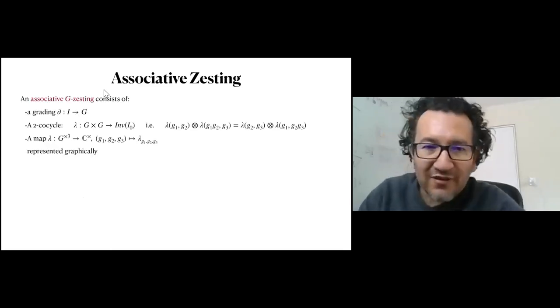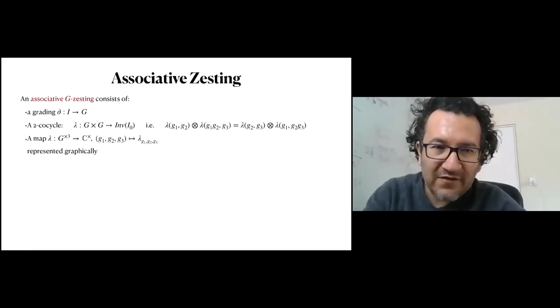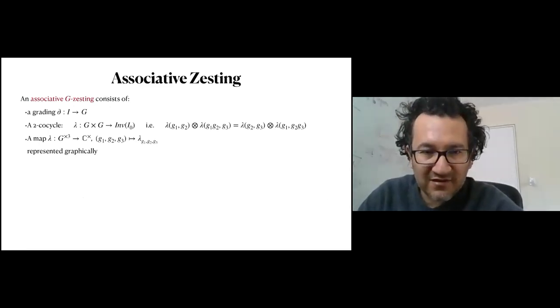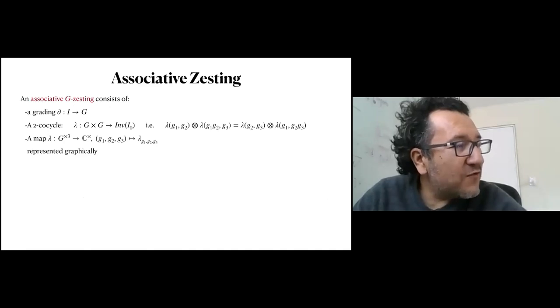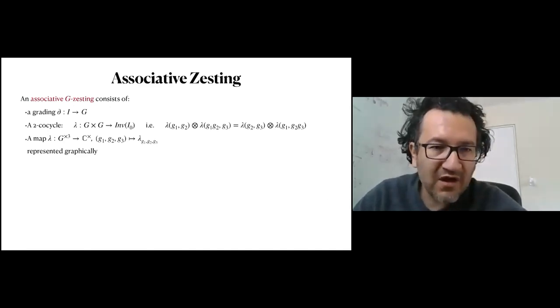So we need the following data in order to apply this braided zesting. Remember that at the end I want to construct from a braided fusion category a new one, but we are going step by step.